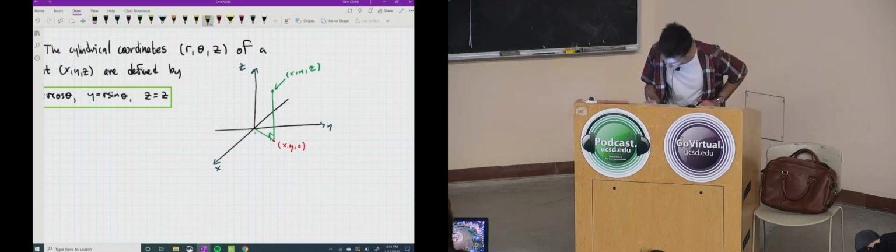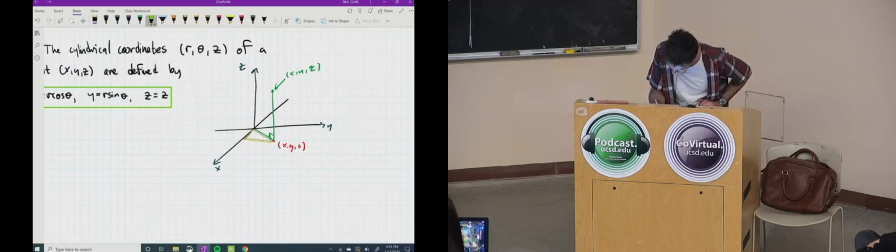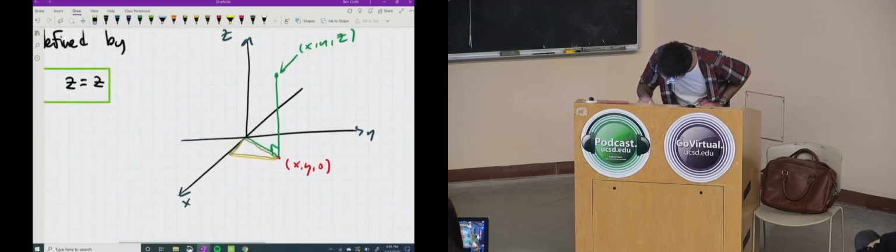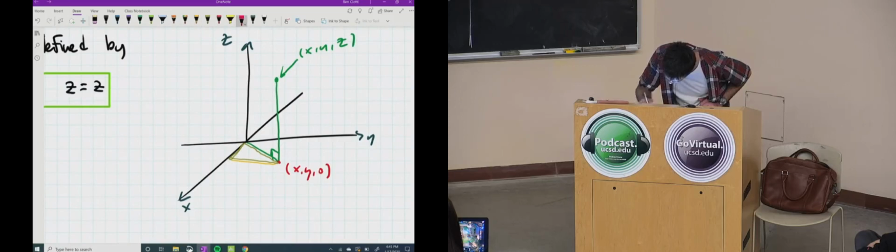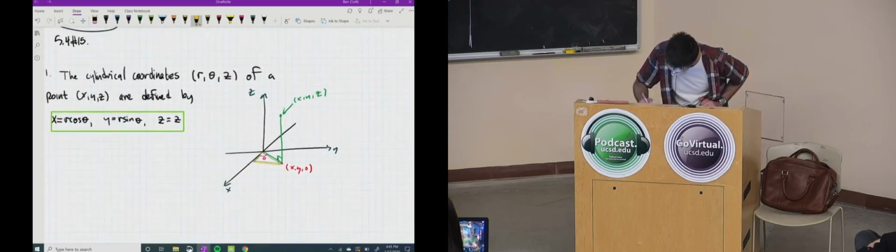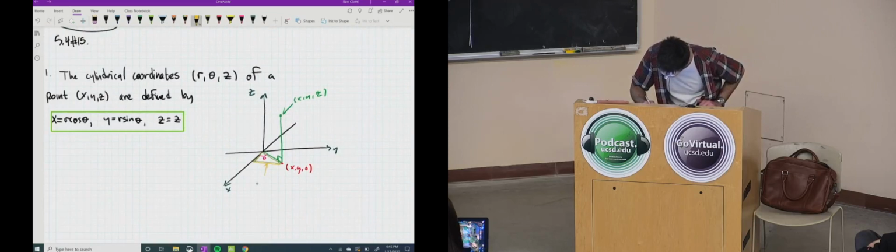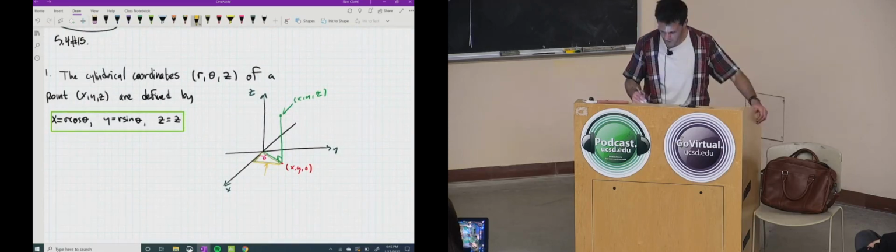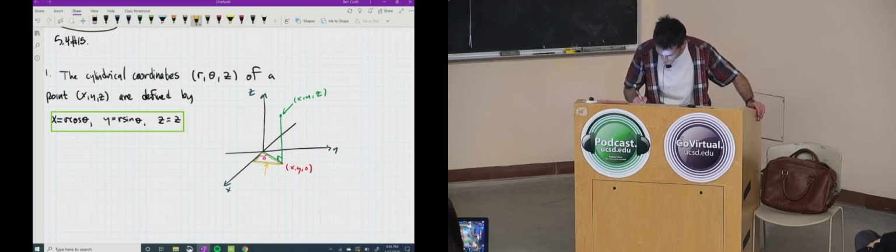So we can do the same polar coordinate decomposition. If we label this angle to be theta, in that case this side will be the radius times the sine of theta.